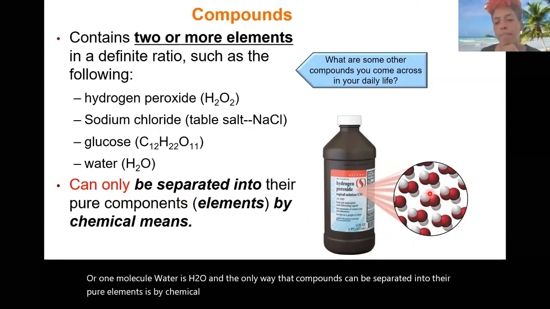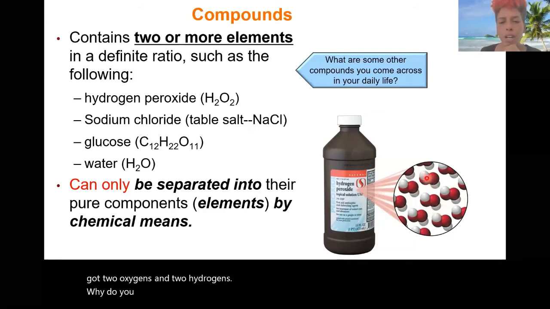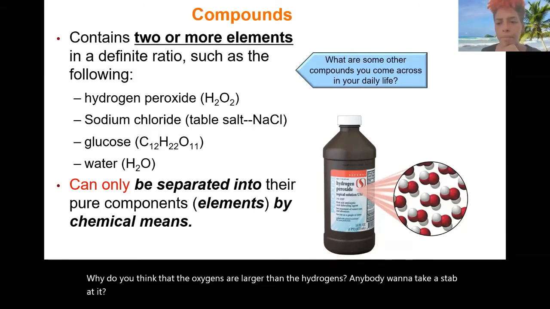So here we have a representation of peroxide where we've got 2 oxygens and 2 hydrogens. Why do you think that the oxygens are larger than the hydrogens? Anybody want to take a stab at it?